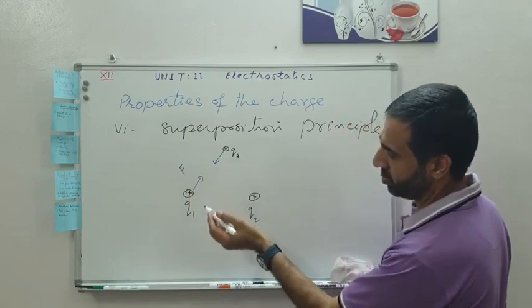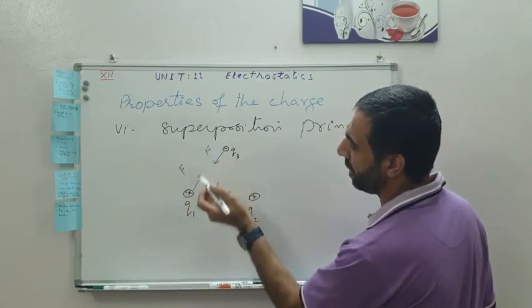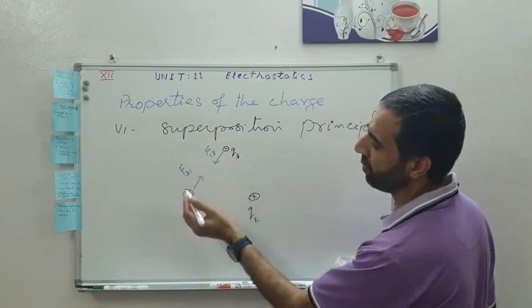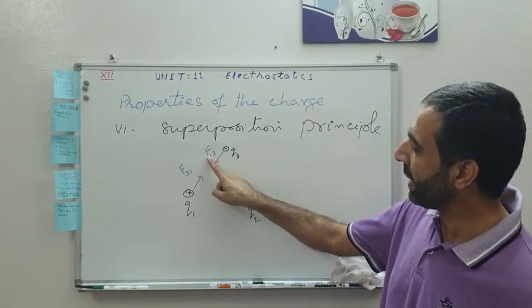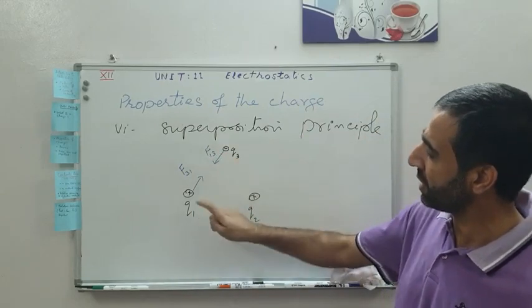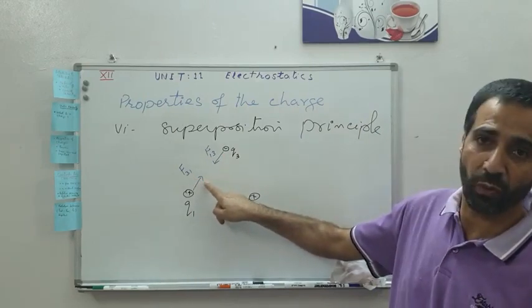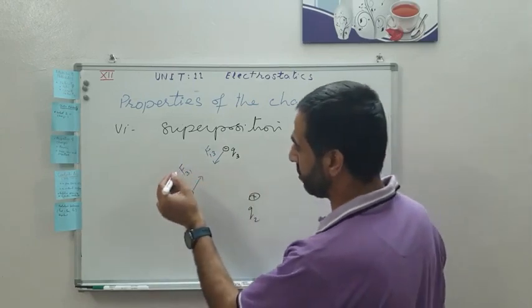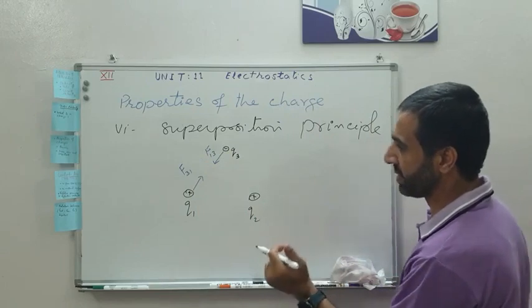This is the force of 1 on 3, and this is 3 on 1. It is the force which the charge Q1 exerts on the charge Q3, and the force which the charge Q3 exerts on the charge Q1. This force is the attractive force only, and later I will be explaining this in Coulomb's law in the next class.